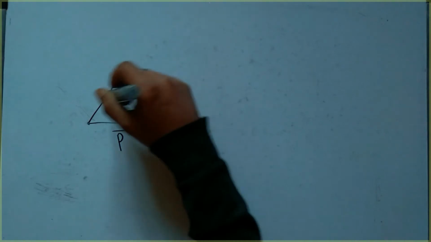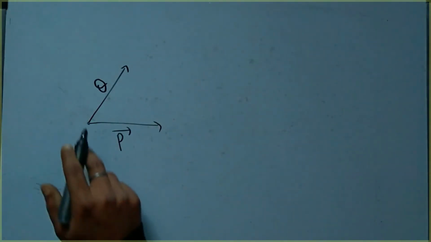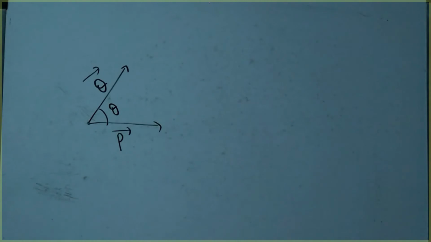Let us consider two vectors, vector P and vector Q, acting on a body simultaneously. Let theta be the angle between them.